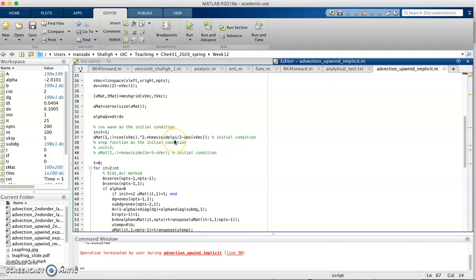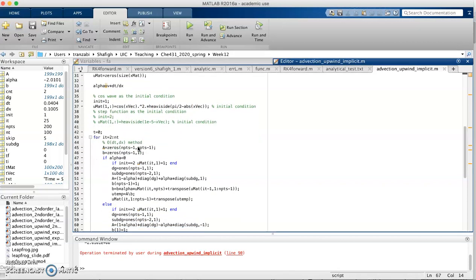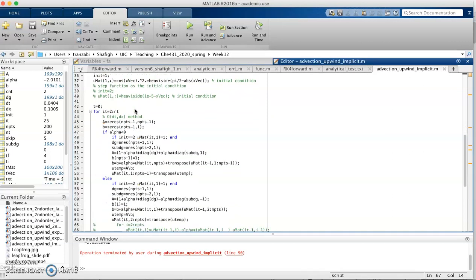So this Heaviside function cuts the wave out of this range. Alright, so by this time I have my initial concentration distribution as a half cosine wave.